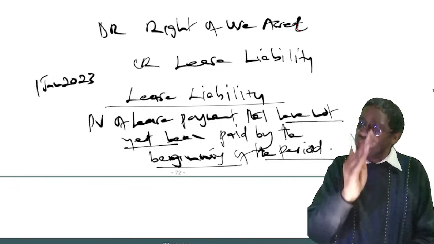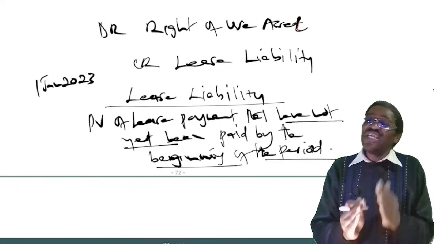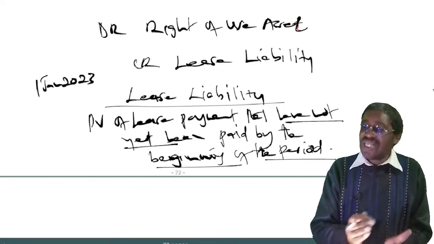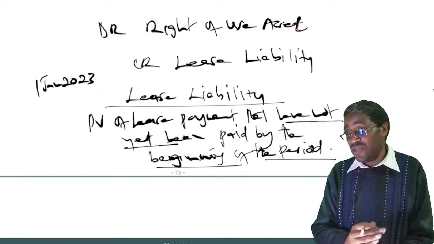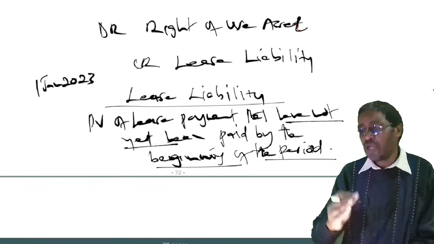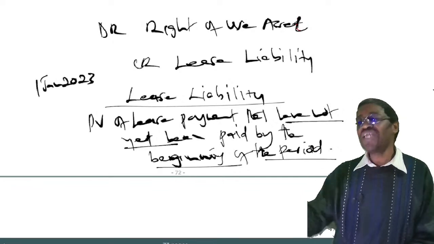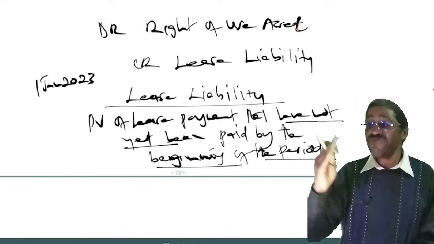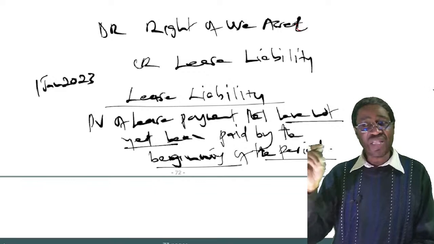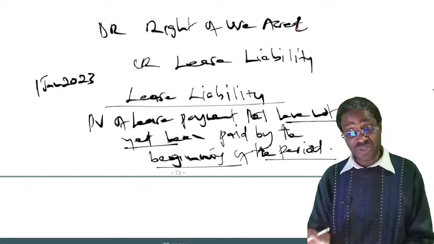So when I'm getting the liability as of today, I need to know I've already paid the first one. That is not an obligation again. So I only get the liability of the remaining 9 installments that are remaining to be paid at the beginning of the lease period. Are you there?